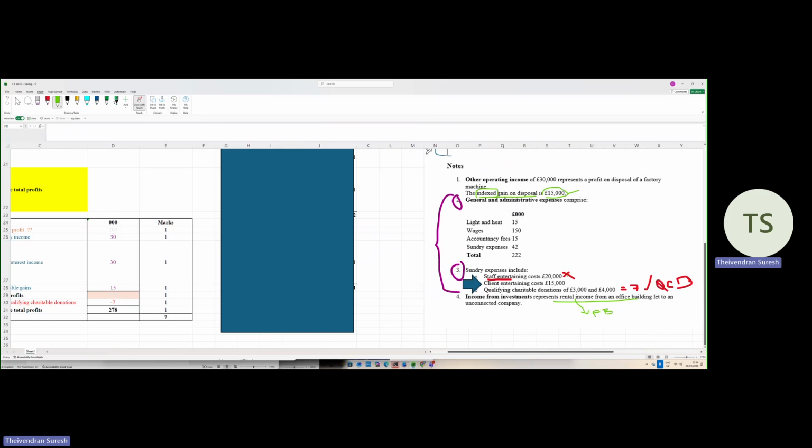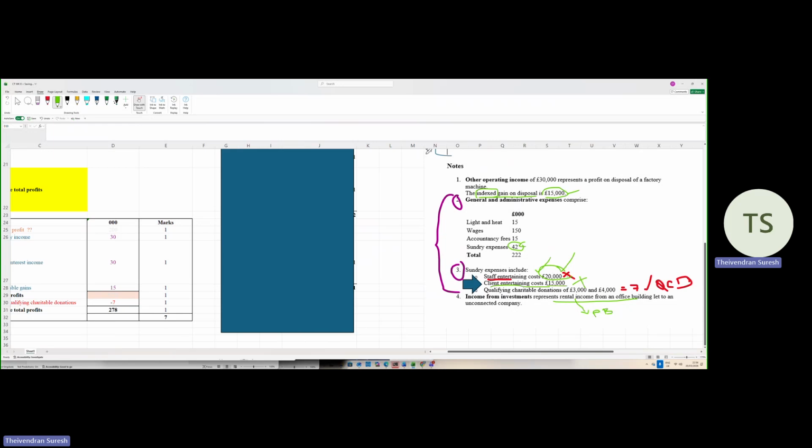For client entertainment, you cannot entertain your client. Staff, yes; client, no. So it was okay to deduct the 20,000. Out of this 42, we have that 20,000 included there. That was correct. There was no problem having that 20,000 and deducting it.